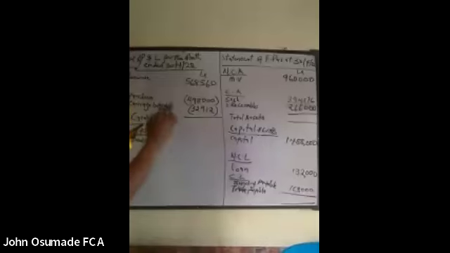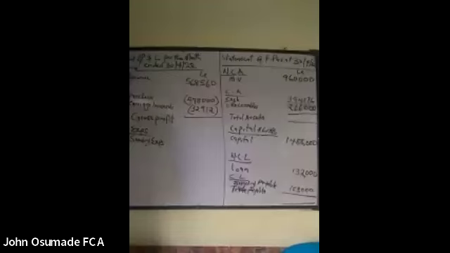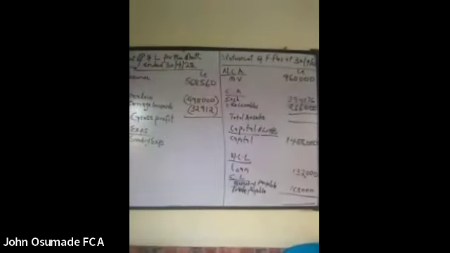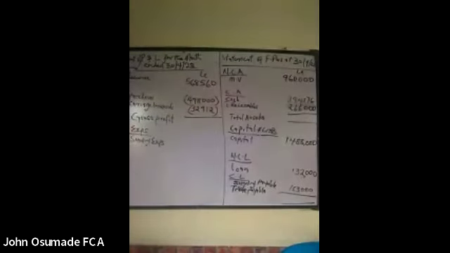So which one? There are two. No, there is sundry expenses. I'm seeing the amount. It's only one sundry expenses you have. The expenses, debit side. It's only one you have, not two.